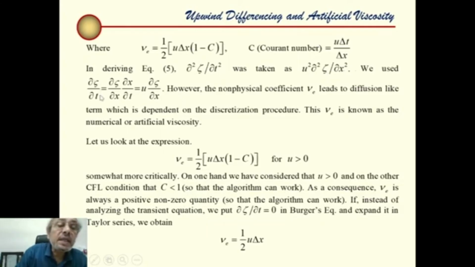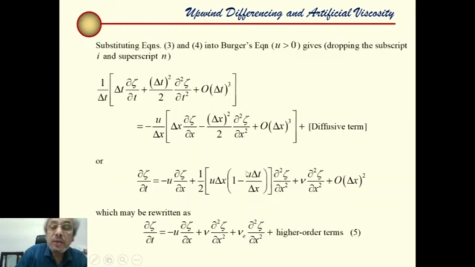Because del zeta del t we can write as del zeta del x into del x del t, and x is the spatial dimension, so del x del t gives a velocity. So velocity into del zeta del x. Again, if we take the second derivative of it, we will get yet another u and del 2 zeta del x square. So it will be u square del 2 zeta del x square. Exactly that's what we got here.